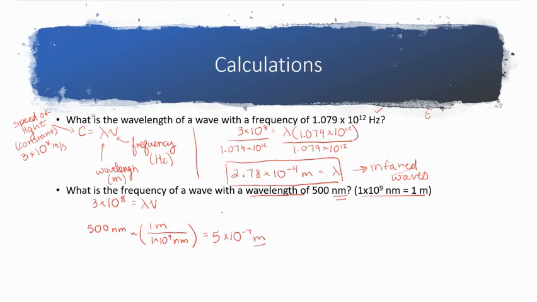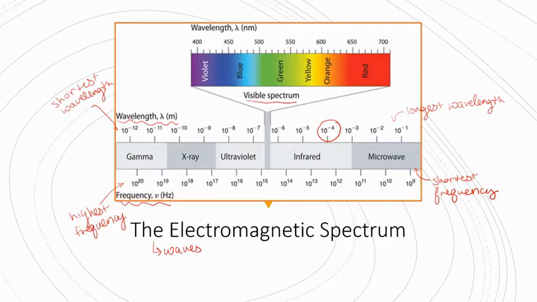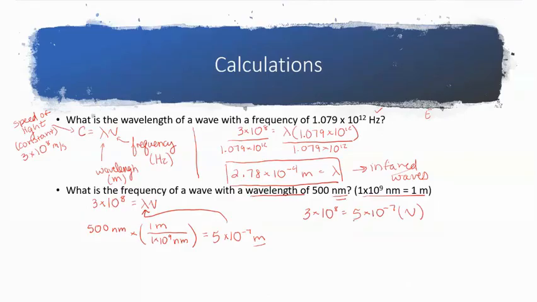Now that we're in meters, we're able to plug this into our equation. So we'll have 3 times 10 to the 8th is equal to 5 times 10 to the negative 7 as our wavelength times our frequency. Okay, so again, to get the frequency by itself, we need to divide each side by 5 times 10 to the negative 7.